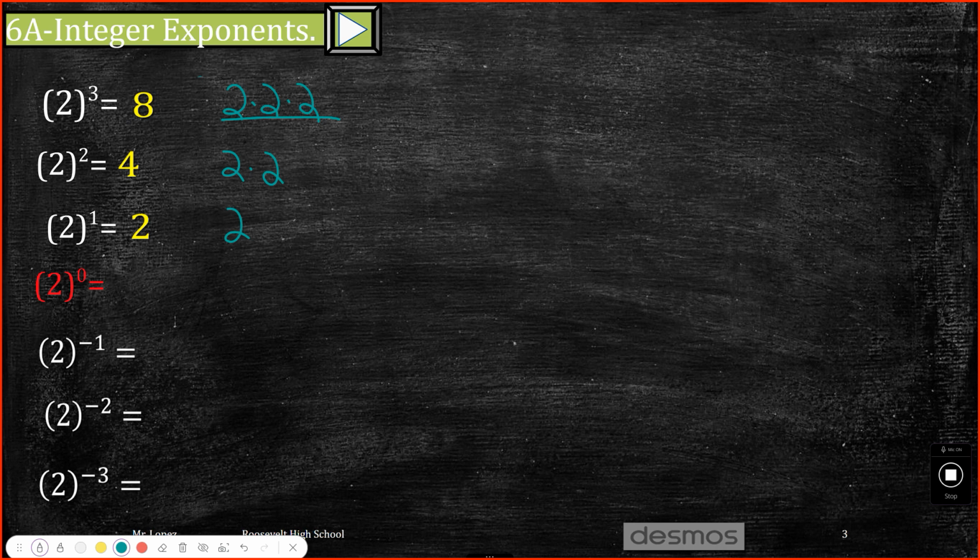So if I divide 2 by 2, the answer is 1. Now get your calculator.